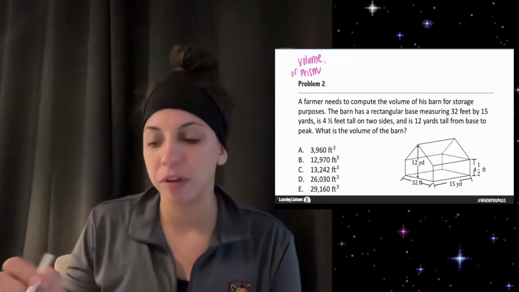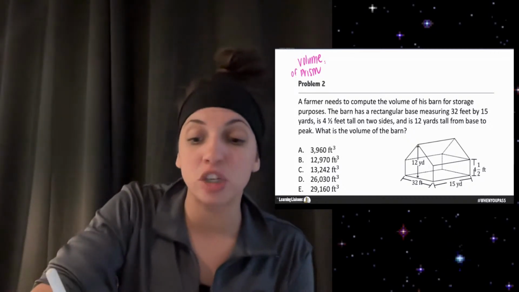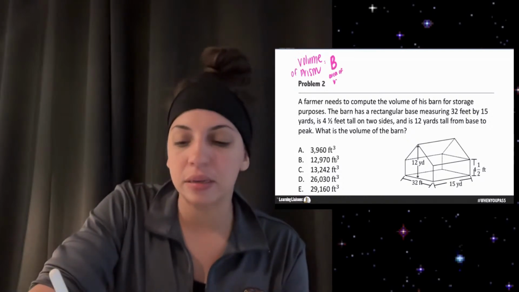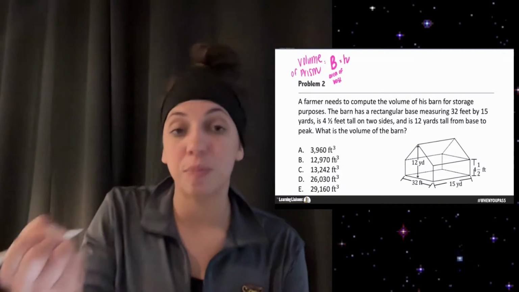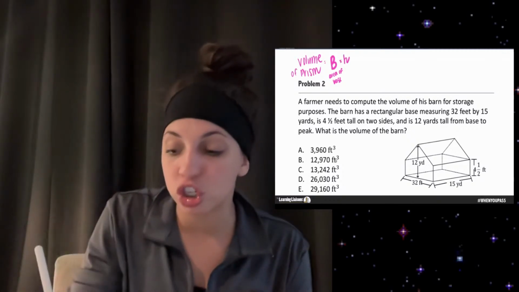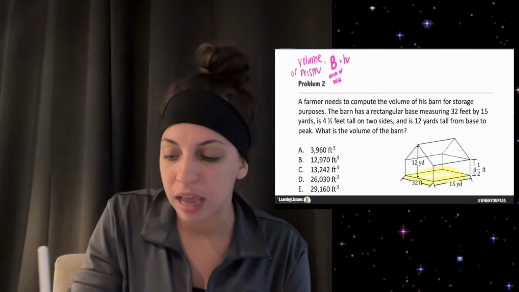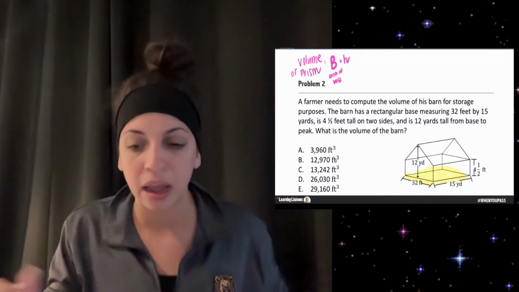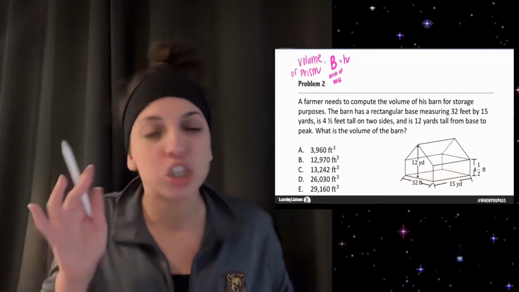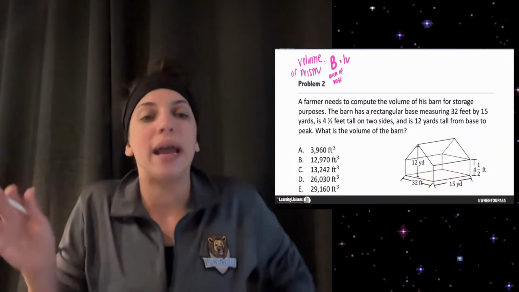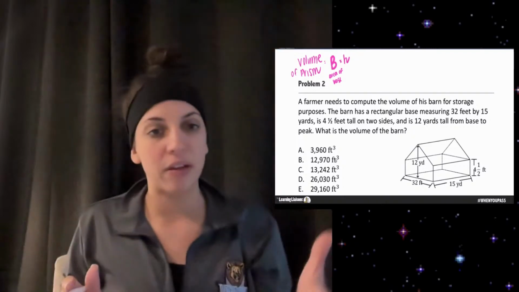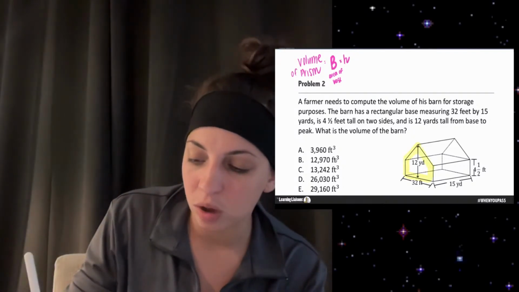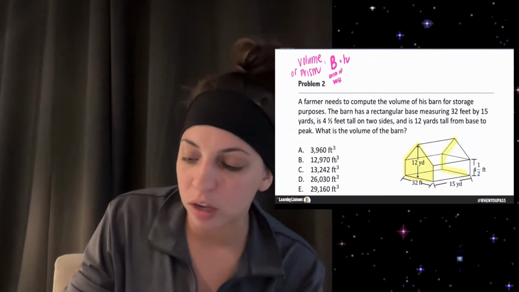The number one error people are going to make is, when they do volume of a prism, which is area of the base times the height of the prism, they are going to assume that this is the base because this is a barn and the barn is sitting on the ground, right? But by definition, the base is the 2 identical shapes that are connected by rectangles. Well, the 2 identical shapes are actually this one and this one.